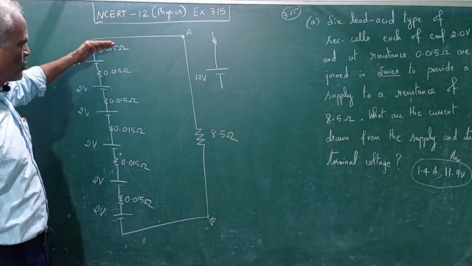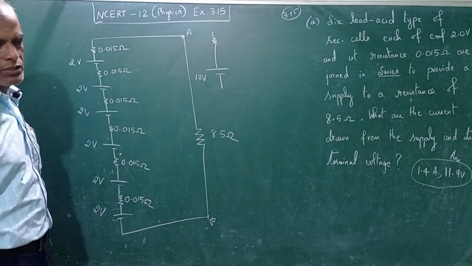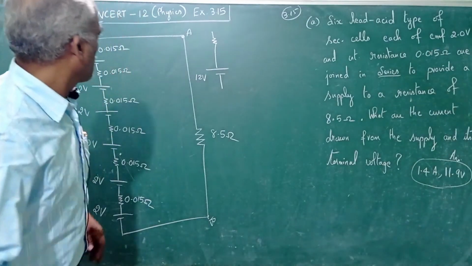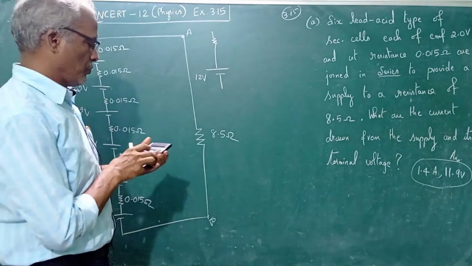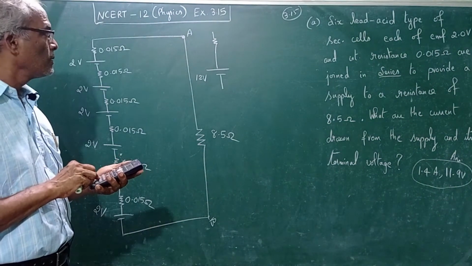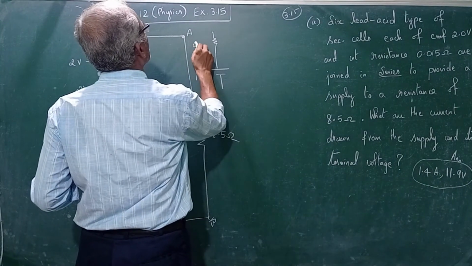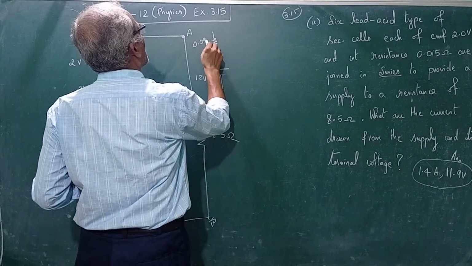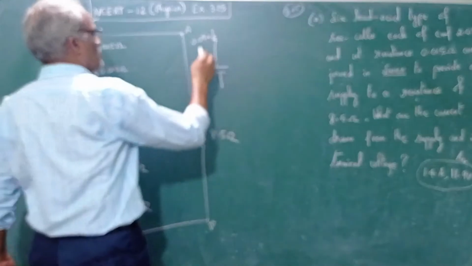In series resistance you can add all these things. All the 6 resistances are connected in series. So 0.015 into 6 gives you 0.09 ohms.